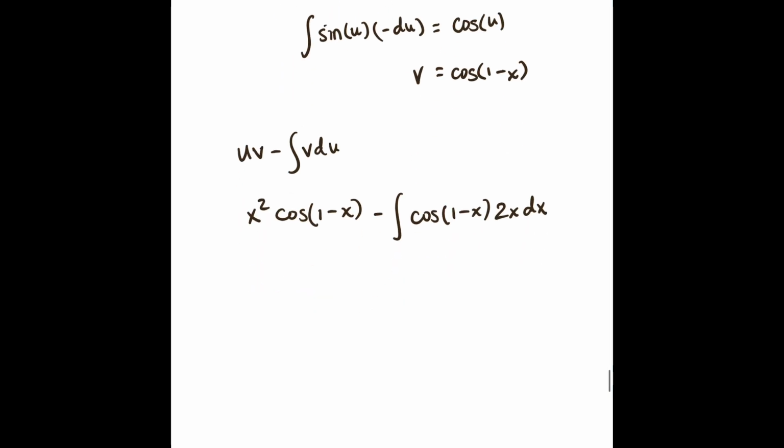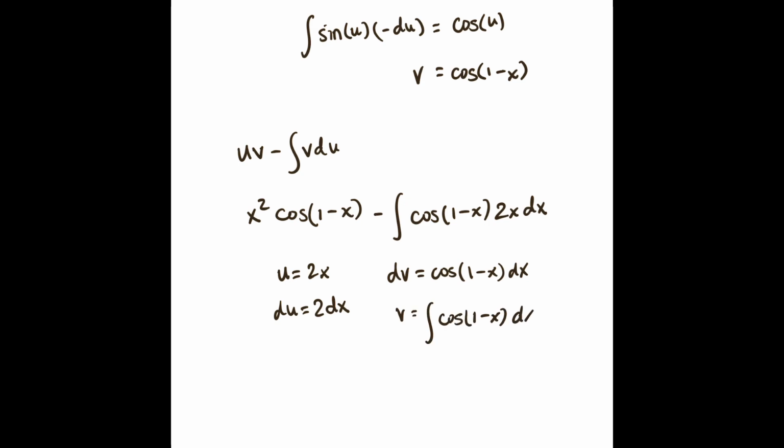Now to solve this integral, we'll have to use integration by parts one more time. u equals 2x, du equals 2 dx, dv equals cosine of 1 minus x dx. v is the integral of cosine 1 minus x dx.